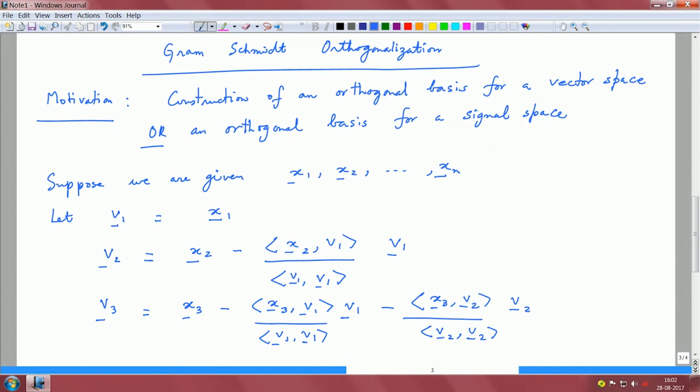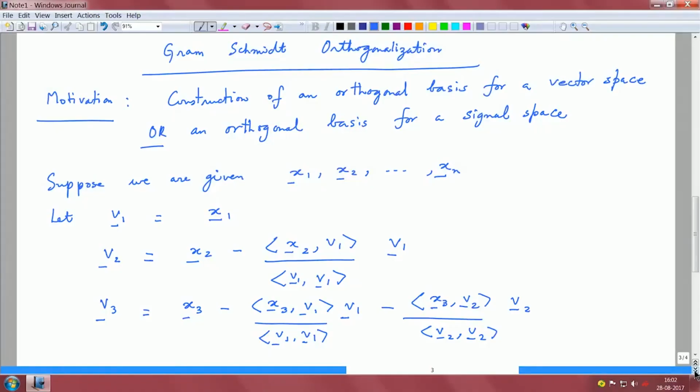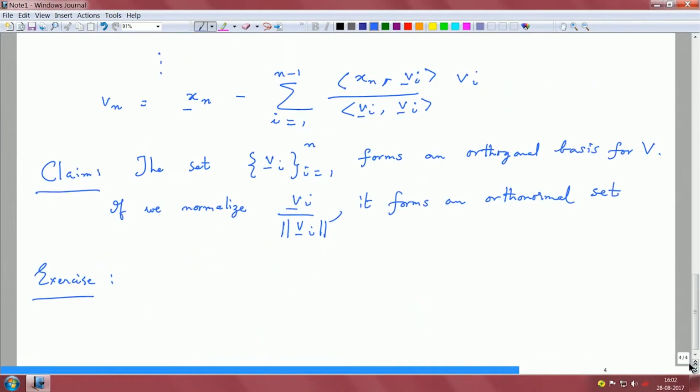So, the idea is as follows: I give you i, j, k, and so on, that are all mutually orthogonal to start with. So, if I want k, I have to remove i and j, and if I have i and j together, I have to remove that component in the direction of i, and that exactly is the idea here, right. So, the proof is very straightforward. I will leave this as a homework exercise.